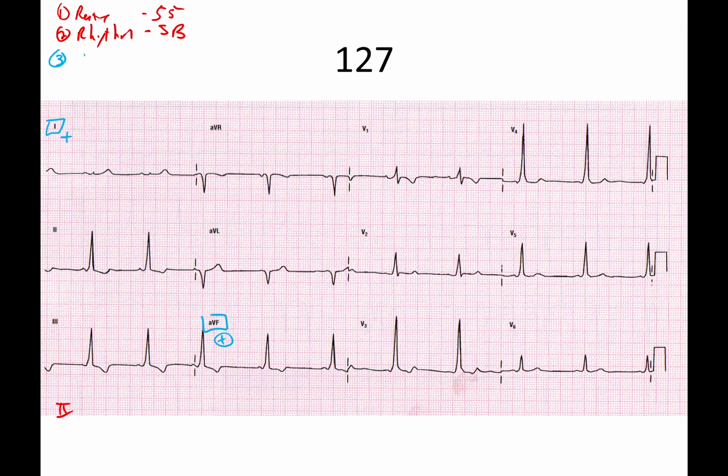So that we have up and up, which equals normal quadrant. Which one of us is most isoelectric? And so we're really positive, negative, negative, positive. So the most isoelectric is going to be lead 1.